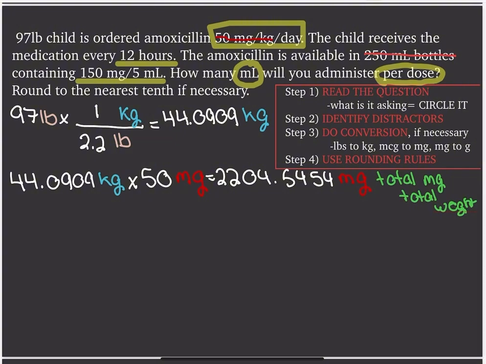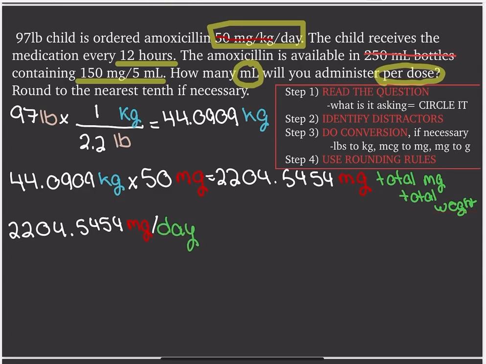So now step 3, we can set up our conversion. We have 2,204.5454 milligrams per day. Because if you look up at the hub, we've used our milligrams and we've converted them to the total amount of milligrams.